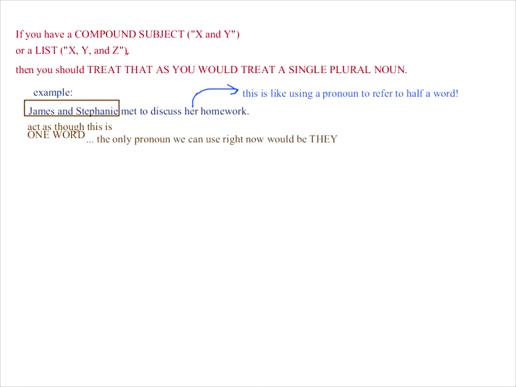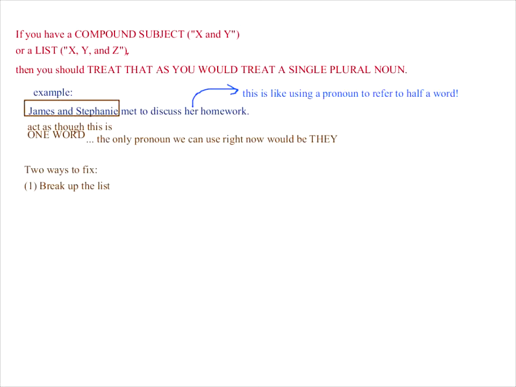So there's 2 ways to fix this. And both of them involve not using her, at least not using the way it is now. The first way to do it is to break up the list. So you could say something like, James met with Stephanie to discuss her homework.